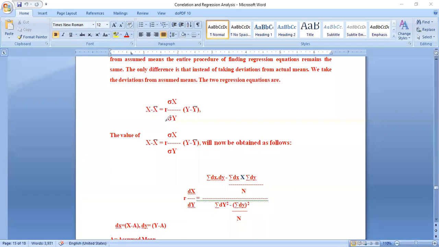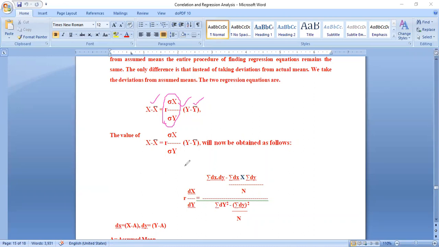Suppose if it is an actual mean method, there is a change in this stage only. If it is an assumed mean method, here we need to change the formula. This x minus x bar and y minus y bar are the same. Okay, so here you see the value of x minus x bar is equals to r into standard deviation x divided by standard deviation y into y minus y bar will now be obtained as follows.